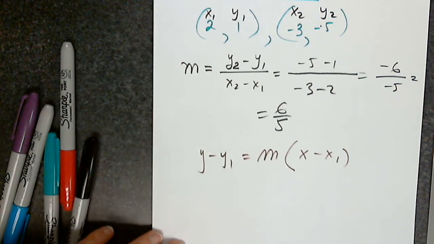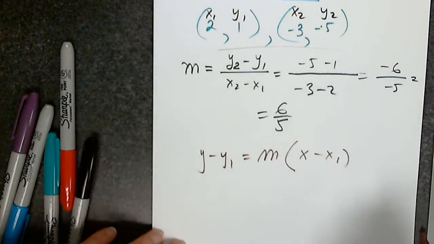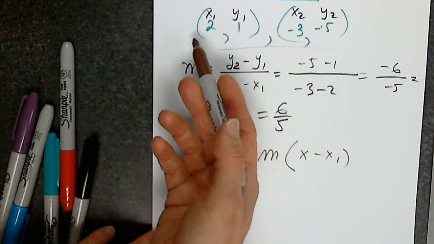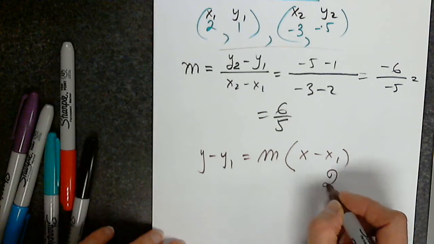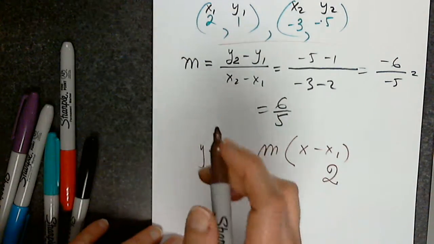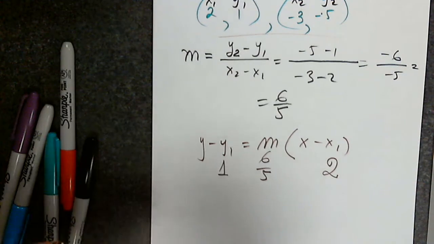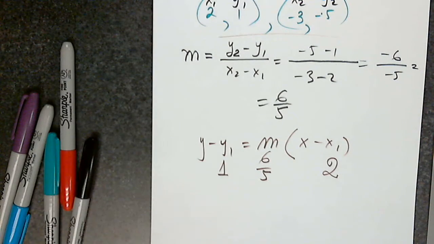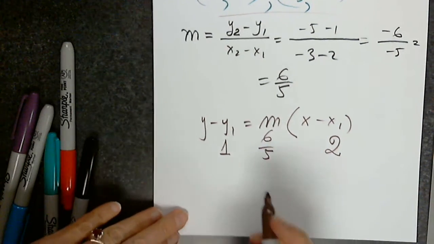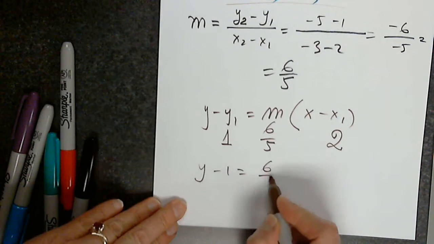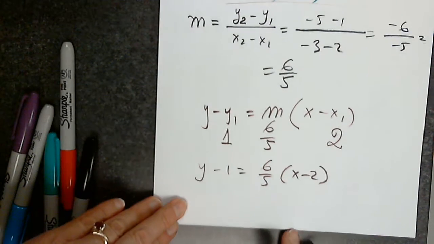Awesome. So now I have to pick any of these points. I'm going to pick the first one. So I'm going to write under x1, 2, under y1, 1, and under m, 6/5. And then slowly plug it in. Y minus 1 equals 6/5, x minus 2.